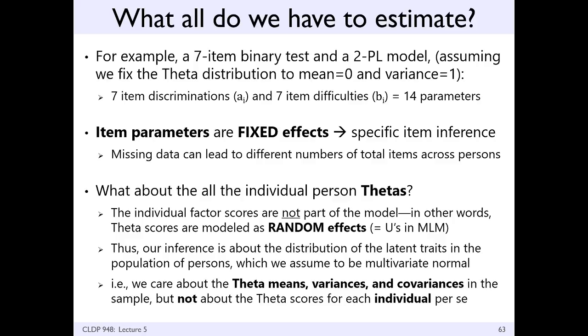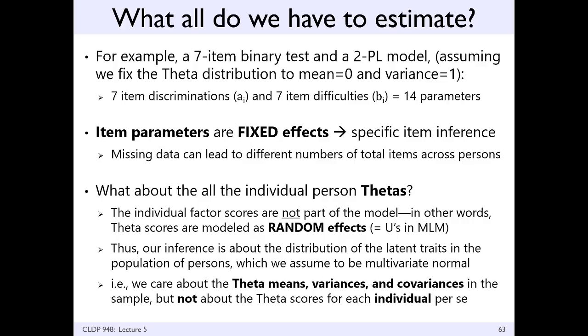So let's say that we're going to estimate the model for these example data. What all do we have to estimate? And when I say estimate, I mean find answers for. I've got 7 either A's or loadings, take your pick, and I've got 7 either B's or thresholds or intercepts, take your pick. So that's 14 things, 14 parameters.